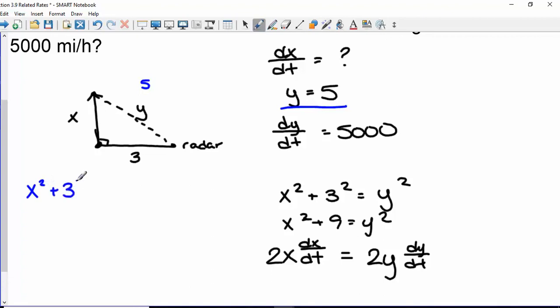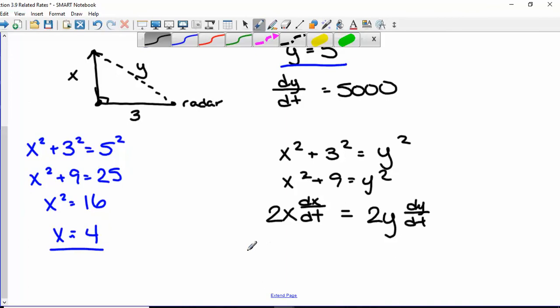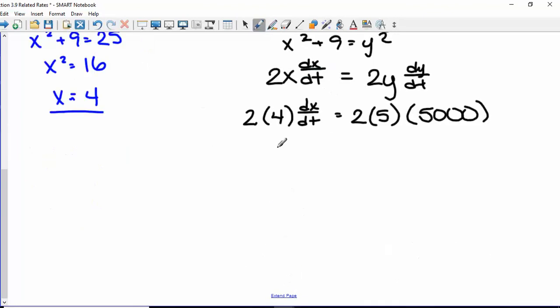So x squared plus 3 squared equals 5 squared. So not always, but at the instant we need, x would be 4. So then we can plug in 2 times 4, we don't know dx dt, equals 2, y is 5, dy dt is 5,000.